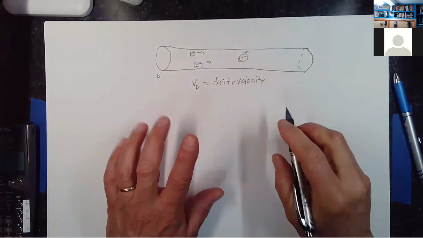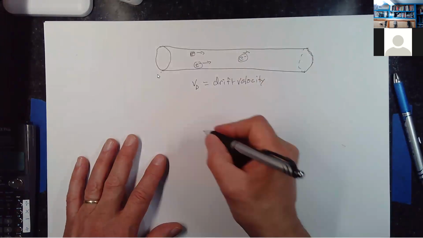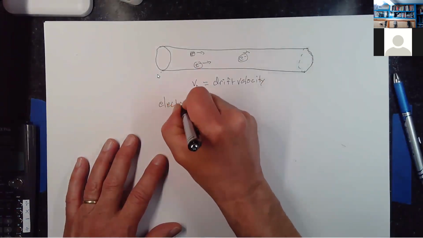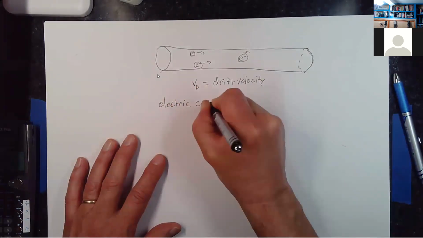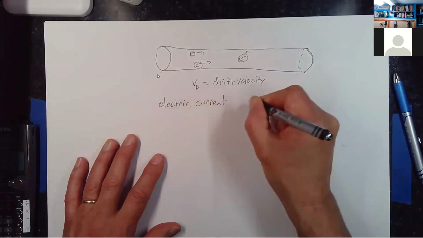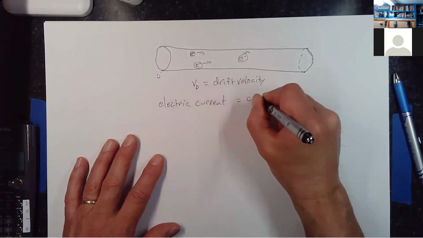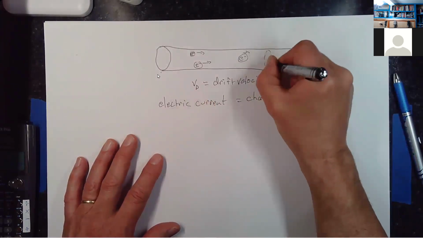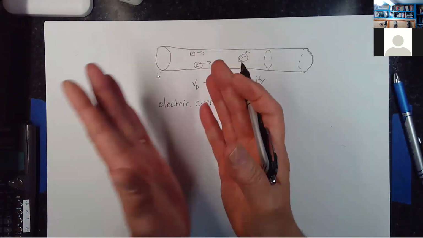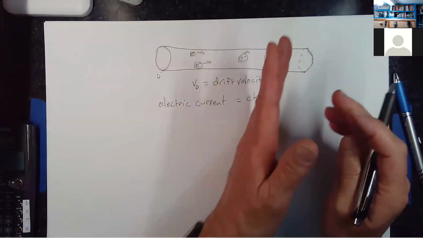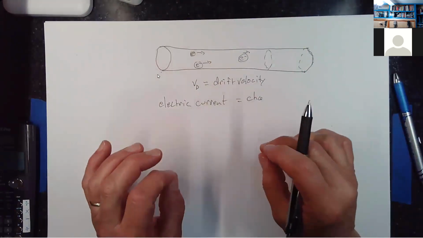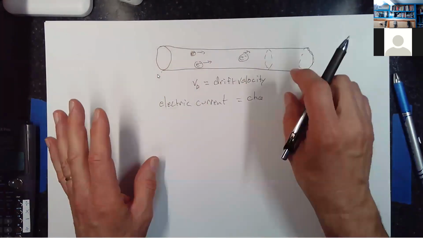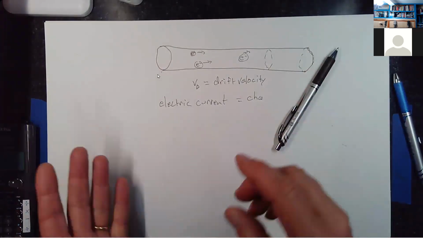Okay, now the electric current, I mentioned this yesterday. It's the charge per unit time that will flow past some particular point in the wire. And it'll be about the same everywhere in the wire. You don't have places where charges are building up, and you don't have places where charges are diminishing.